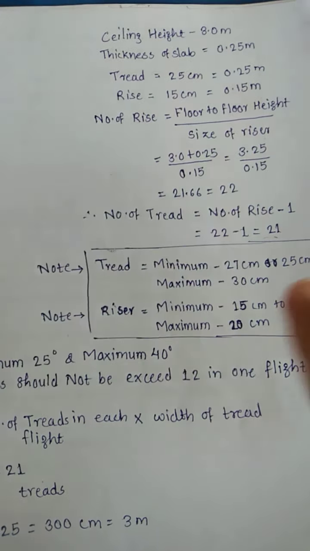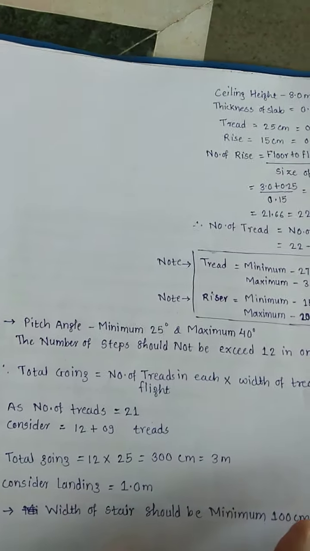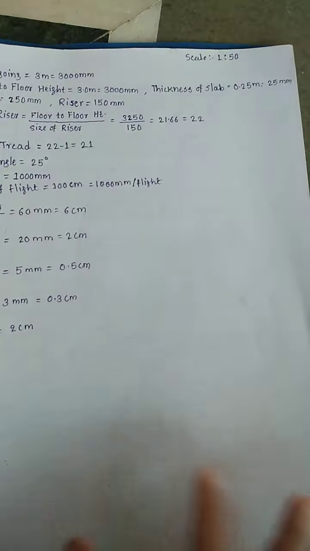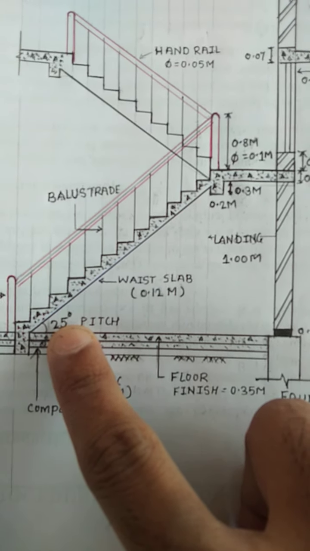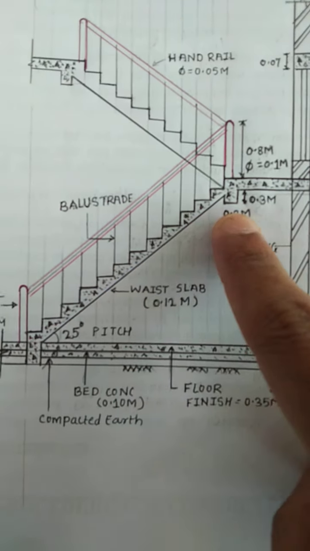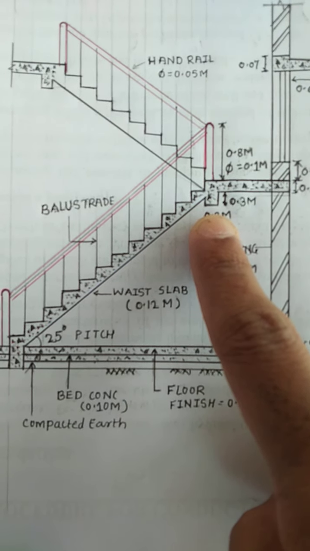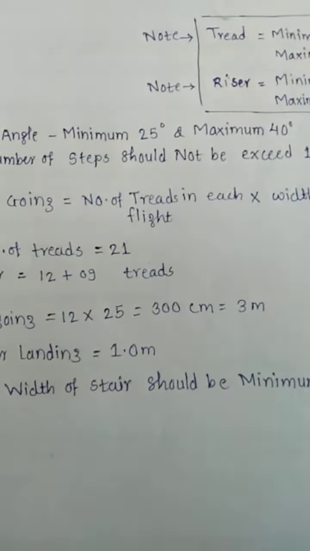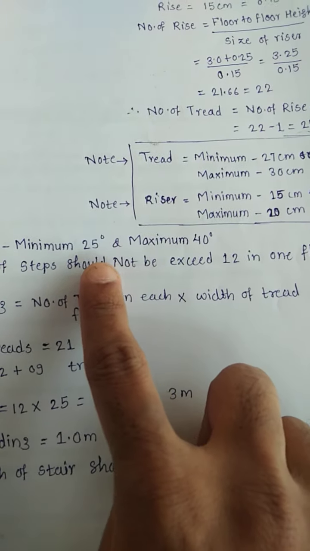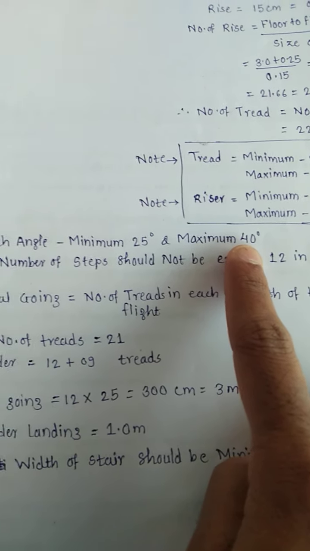Similarly, the pitch angle means the angle at which your flight has been elevated. It ranges from 25 degree to 40 degree, 25 minimum and 40 degree maximum.